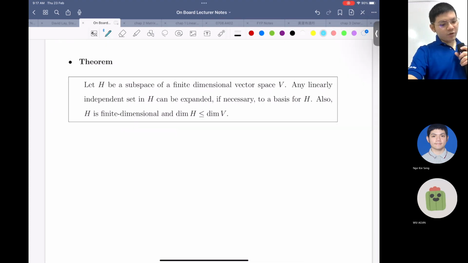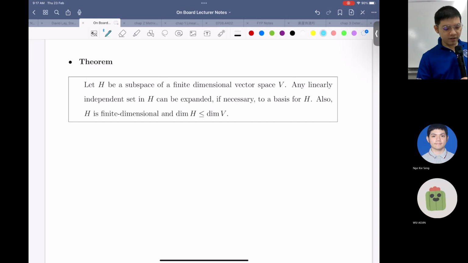Next is this theorem here. Let's say instead of starting with a spanning set, you start with a linearly independent set. Let H be a subspace of a finite dimensional vector space, meaning this vector space has a set of bases, and you can count the bases, it's finitely many.